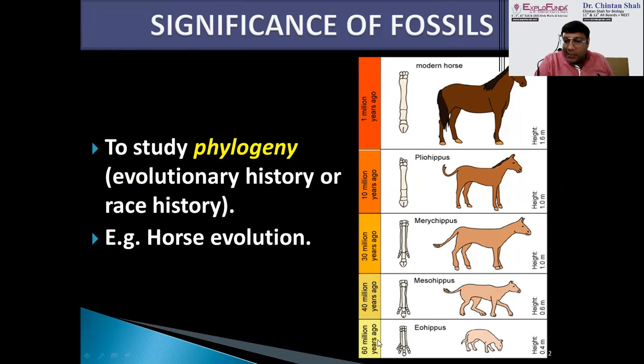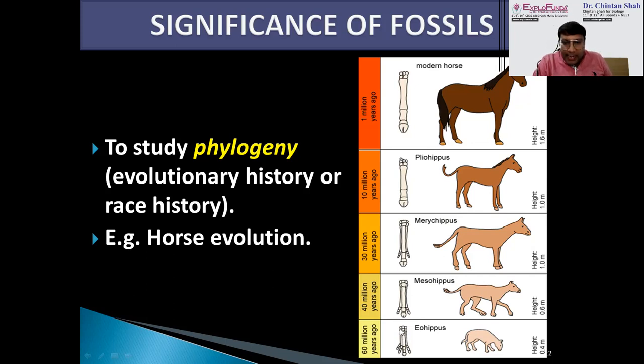This is like 6 crore years ago. 60 million is equal to 6 crores, 600 lakhs. 6 crore years ago.